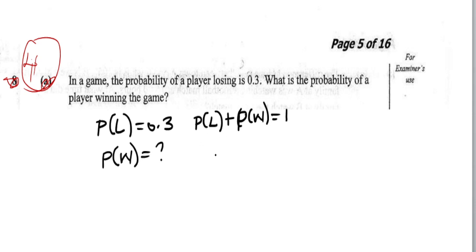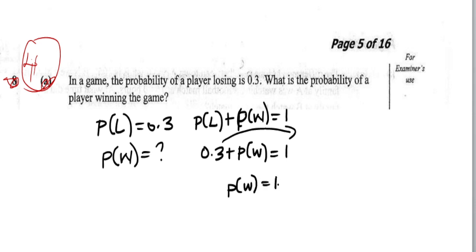So the probability of losing is 0.3, and the probability of winning we don't know. This should be equal to 1. 0.3 will cross to the other side, so the probability of winning will be equal to 1 minus 0.3. What is 1 minus 0.3? We get 0.7. So 0.7 is the probability of winning the game.